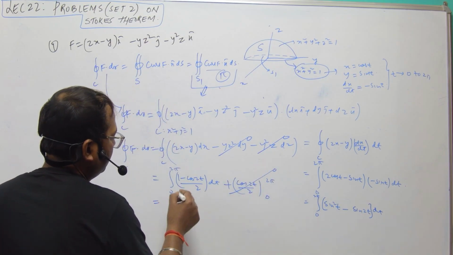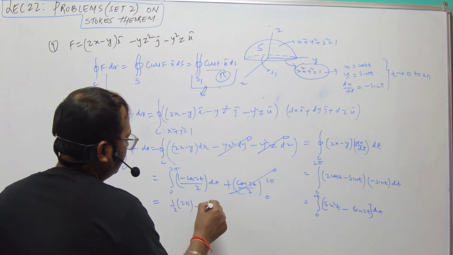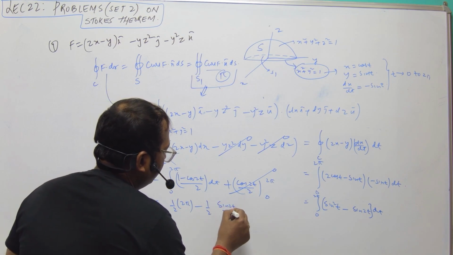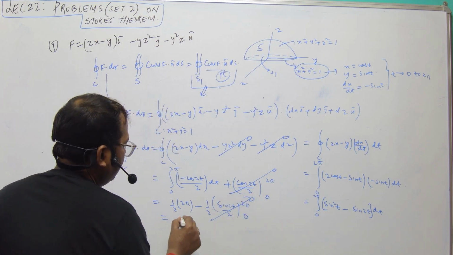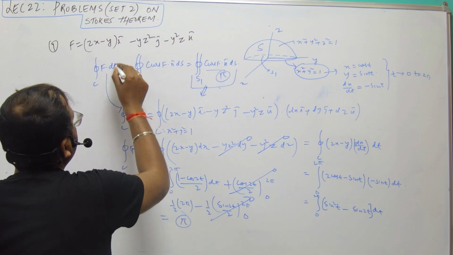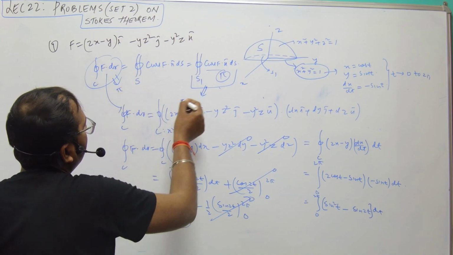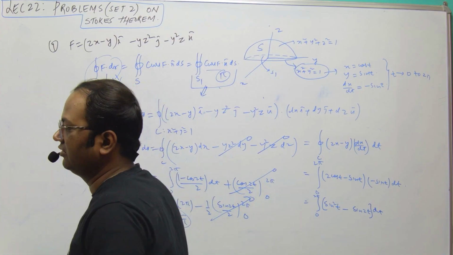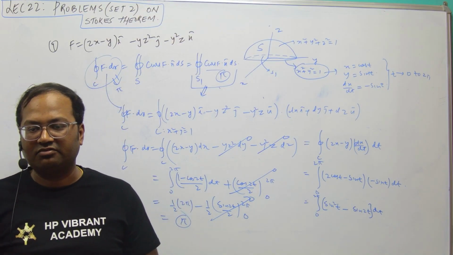So this is half of 2 pi, minus half of the integration of cos 2t, which is sin 2t upon 2, between 2 pi and 0. So this is also straight away 0. So we are left with pi. The value of f dot dr along the curve C is pi, and the value of the surface integral is also pi. So the Stokes theorem is getting verified. We have discussed up to question number 9. We will discuss further questions in the next lecture. Thank you.